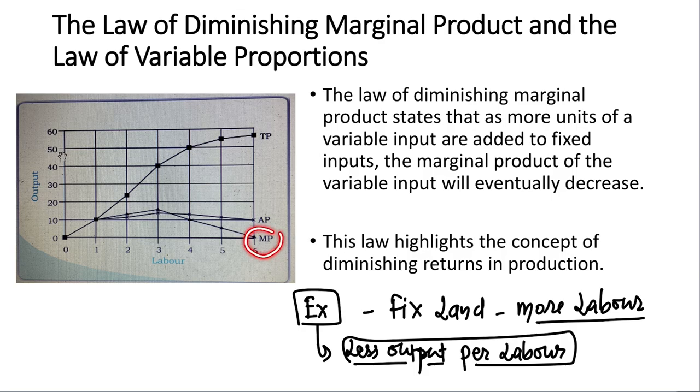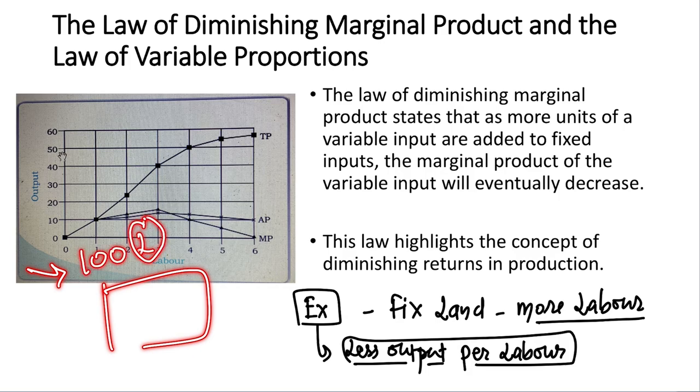And also the marginal product, this is the concept where disguised employment comes, because you start employing more and more people. We know that this farm has a capacity of 100 labor, right? Now if you employ 105 labor, you will see that there is no increase in the output, right?